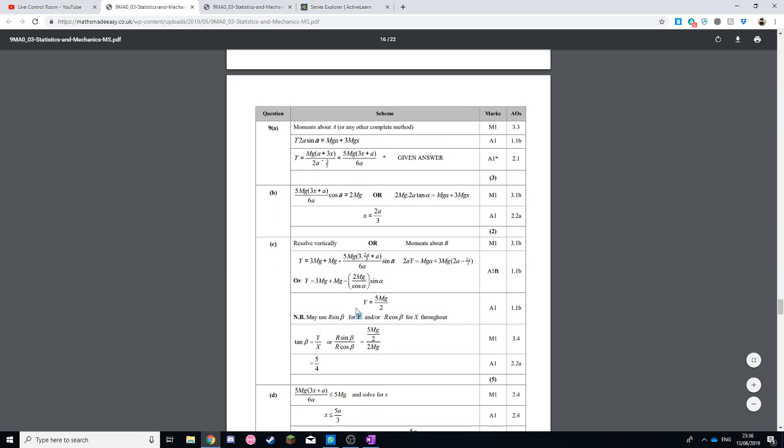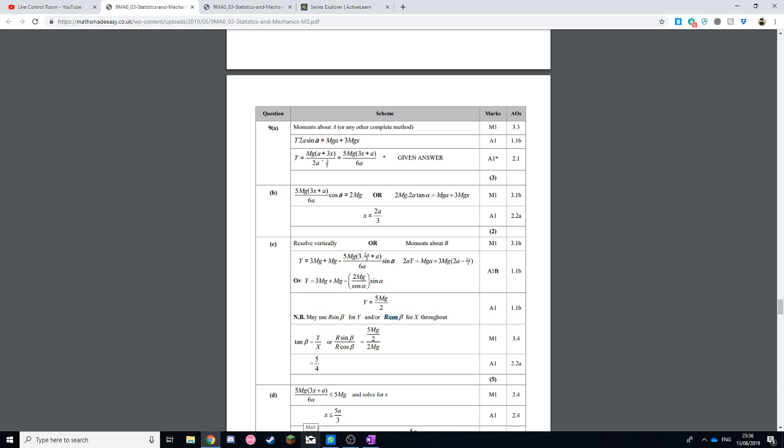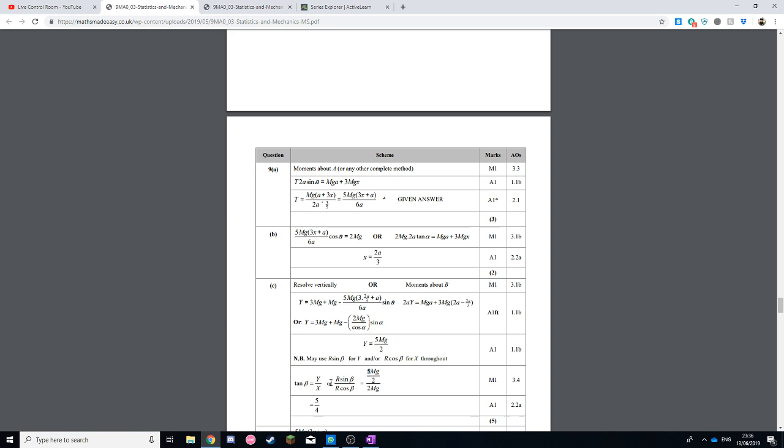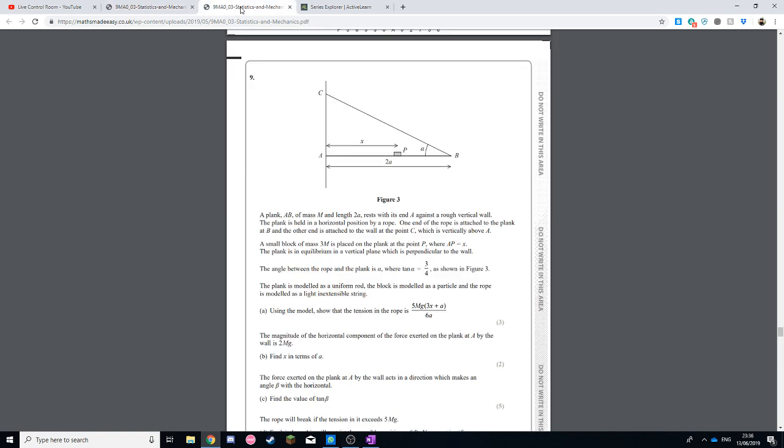So they say y is the resultant, and r sine beta and r cos beta is what I was working with. Where we were given r cos beta was 2mg. And r sine beta is what I got from rearranging the other expression. So yeah, cool. Oh, there's another question. Flip, there's more to it.